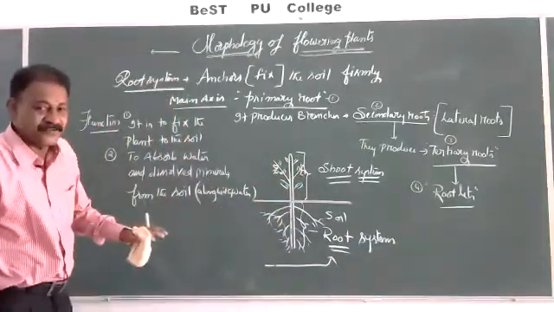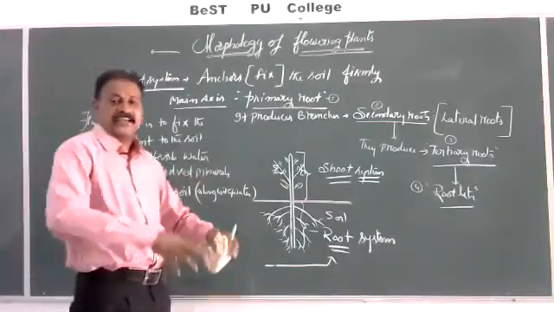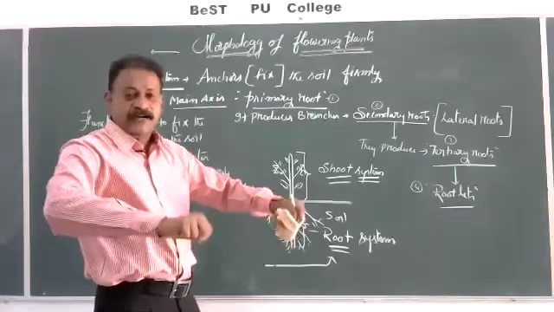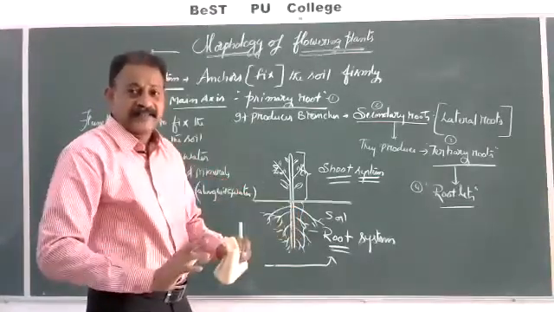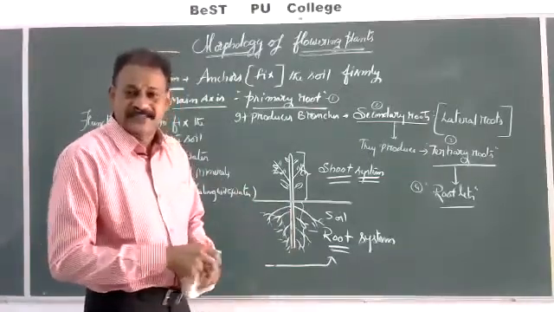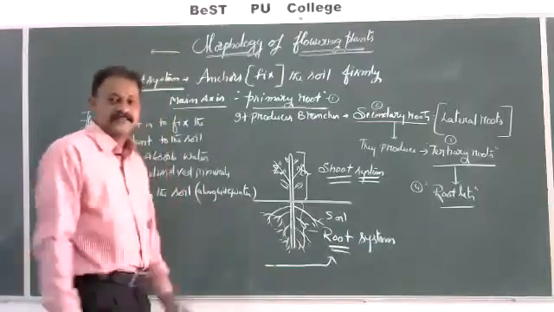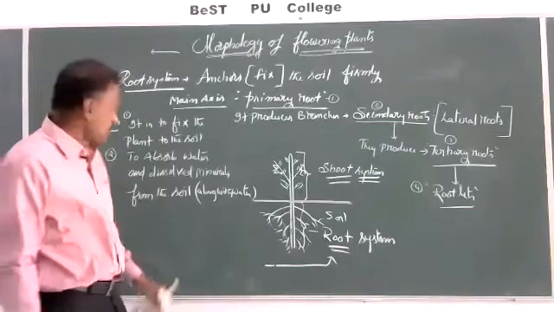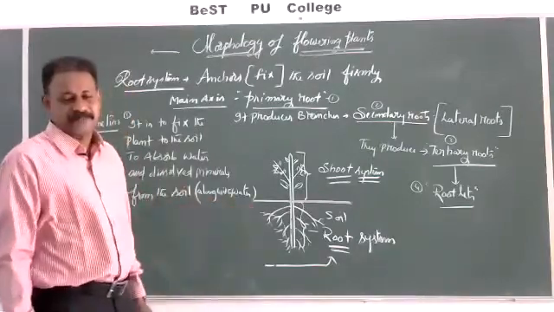So, the functions of root are to penetrate the soil, to fix the plant body to the soil, to give support, and to absorb the water which is necessary for its growth. Along with the water, it is responsible to take the minerals from the soil. So, these are the functions of root in general.